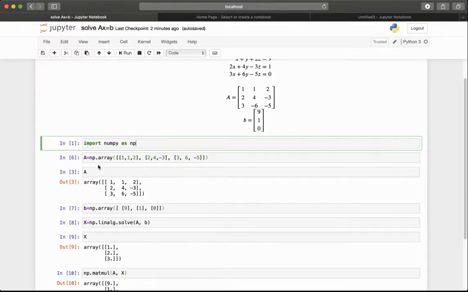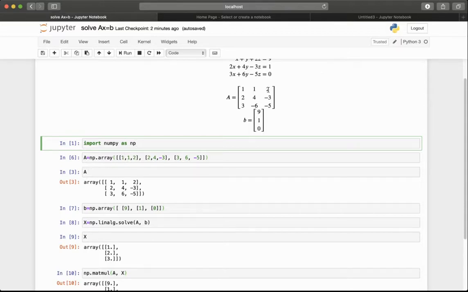NumPy stands for Numerical Python. It's a library or module containing programs people have written that solve, for example, systems of linear equations and a whole bunch of other things.